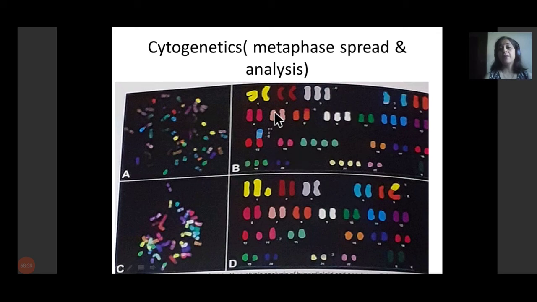spread. Why? Because the hyperdiploidy is there and the chromosomes are much increased in number. This one has 3 chromosomes at chromosome number 3, and this one again has 3 chromosomes at chromosome number 9. There are 4, that is a tetrasomy which is happening here, again 3 chromosomes here, and we can see there is a loss of chromosome 3 here, and there is loss of part of chromosome 4, and part of 3 has come here.